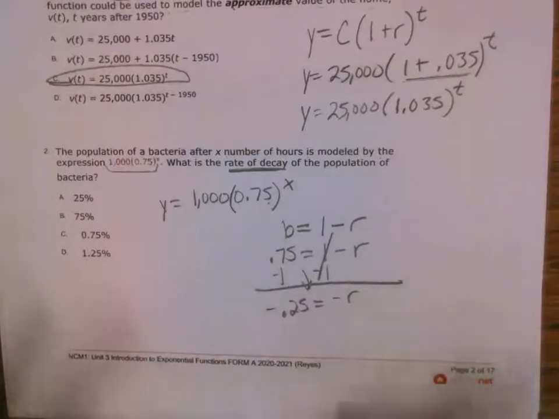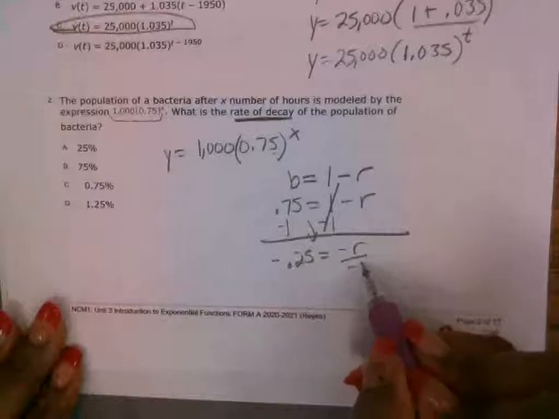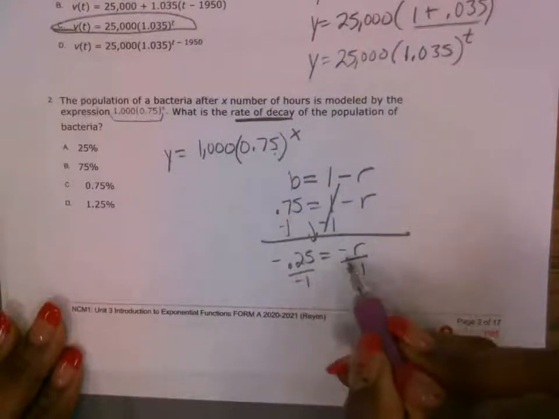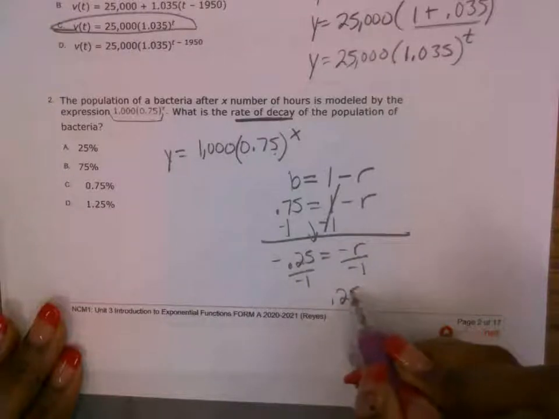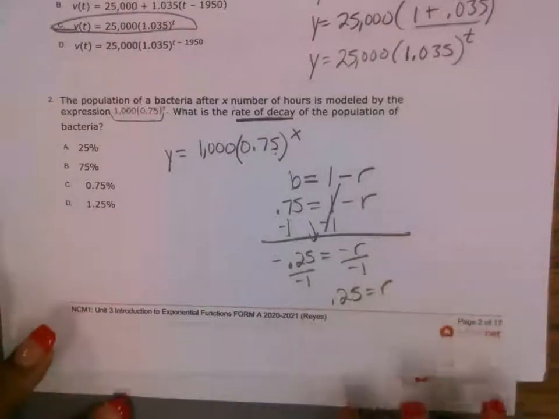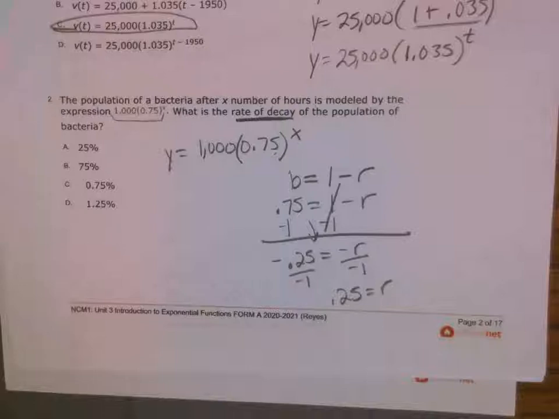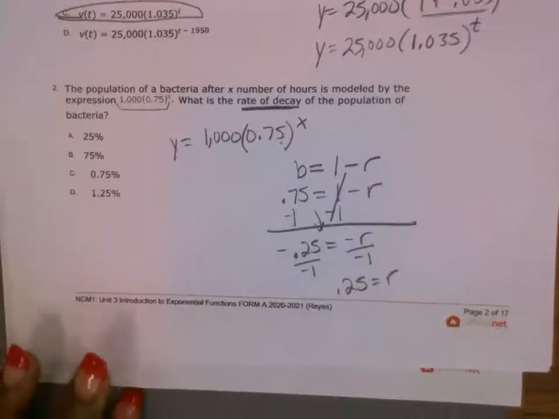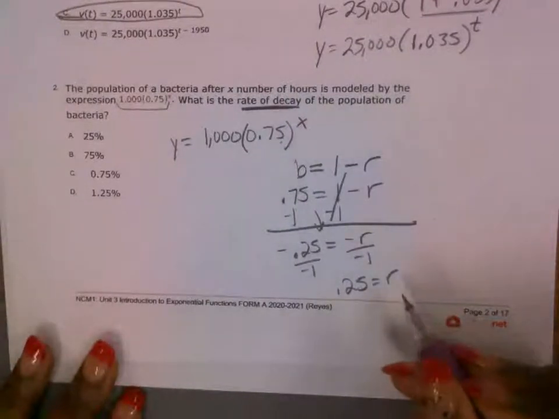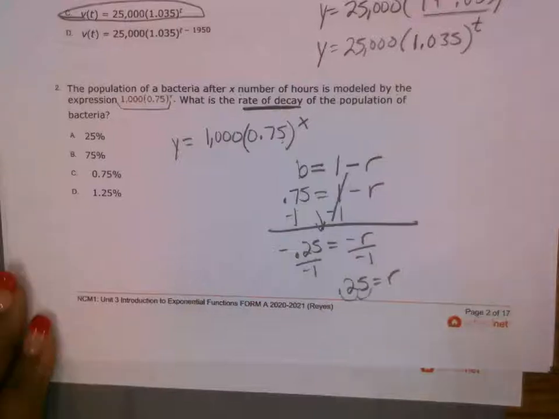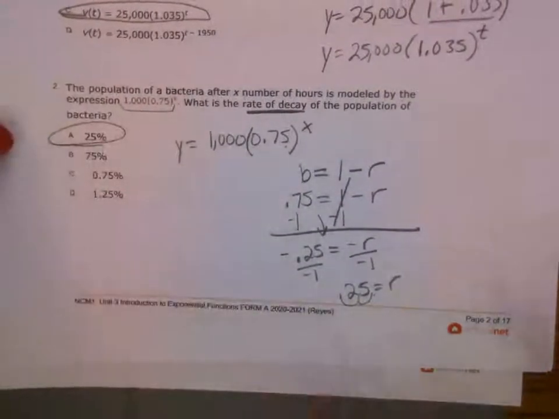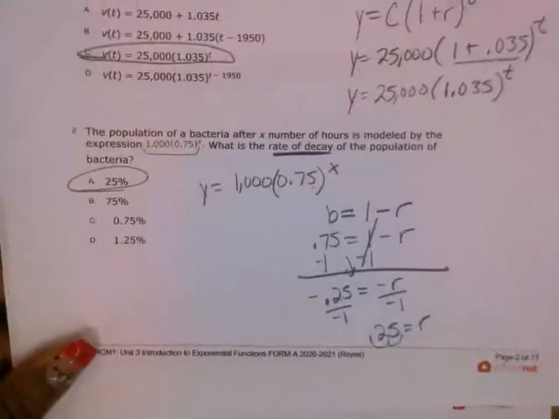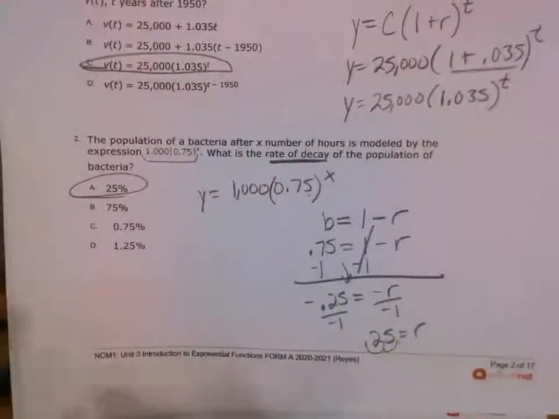Now to get r by itself, I'm going to divide both sides by -1 because I've got to get rid of the negative. This is going to be a positive 0.25 is equal to r. How do I change this decimal to a percent? Because we're looking for the percentage. We're going to move it 2 places to the right. So our answer here is A. Any questions about that? Did y'all get this one right or wrong?